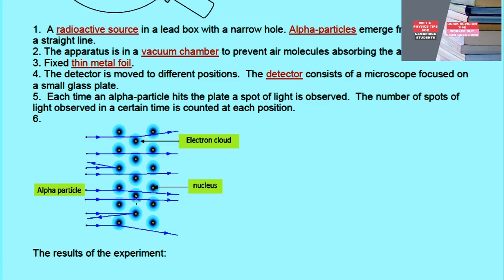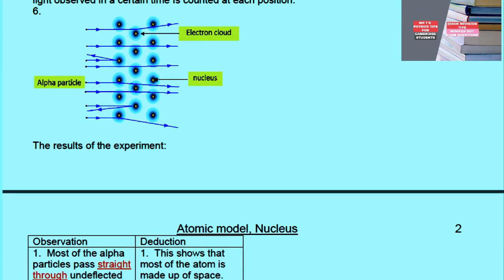This one shows no deflection at all. This one shows a slight deflection. Slight deflection here as well. Then here we have got an acute deflection, right? So in other words, it bounced back. And here again, bounced back like that. So that's what they observed from the microscope.